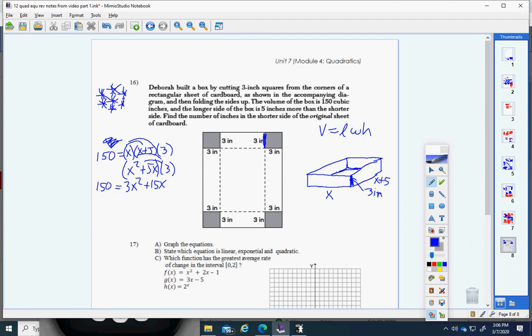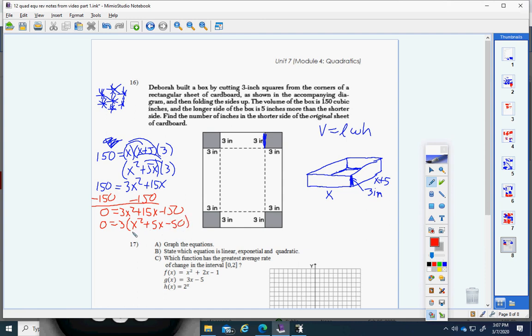It's quadratic because I see an x squared, therefore I have to get this set equal to 0. So now I have 0 equals 3x squared plus 15x minus 150. There is a GCF of 3, so I'm left with x squared plus 5x minus 50.